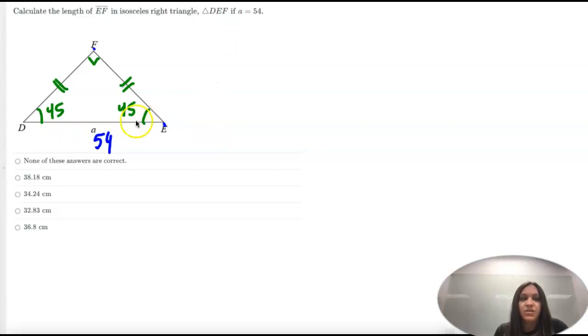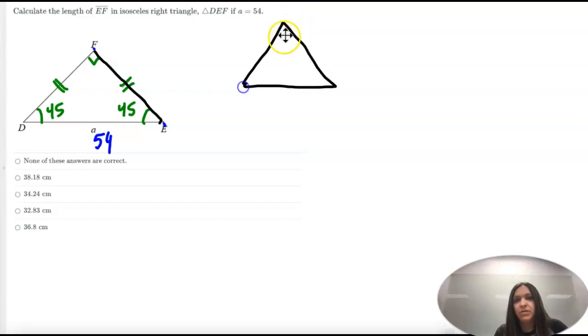So if this side is 54, we want to find this side. Let's think about our triangle here. Here's our right triangle. These sides are the same. Let's call them x. And then we would take x times the square root of 2, and whatever that is, that's how we'd get the 54.